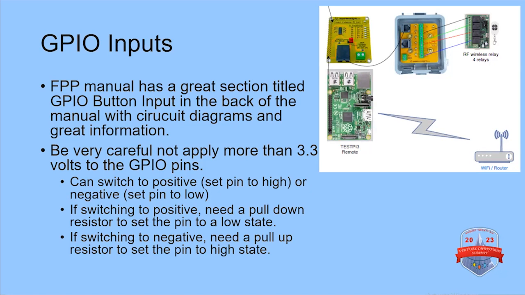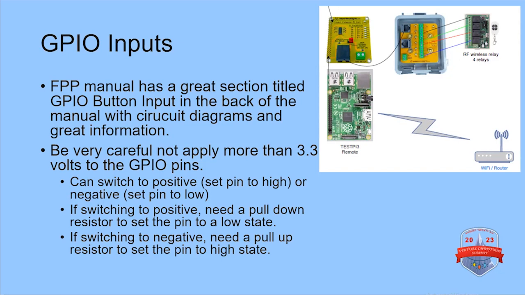So with inputs, you can either switch to positive, which means setting the pin high when you push the button, or switch to negative, which means bringing the pin low when you push the button. If switching to positive, you're going to need a pull down resistor type. That means the default state of that pin is pulled down to the negative voltage level, which should be 0.